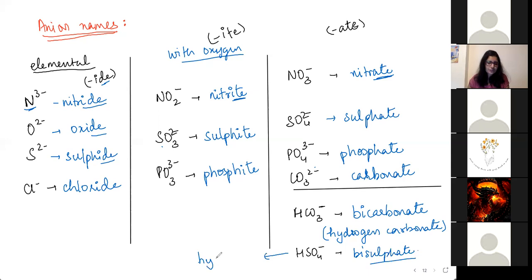So pretty logical, pretty easy. Hydrogen sulfate. So both the names are correct. Just some publications use one way, some other publications use the other. That's it. If you come across either of them, don't get confused. The same thing.